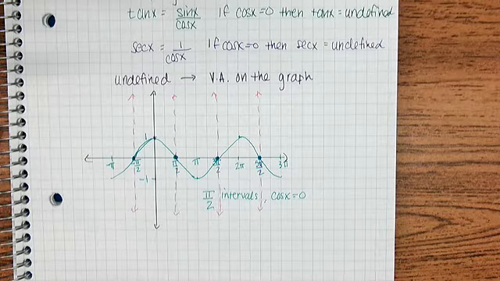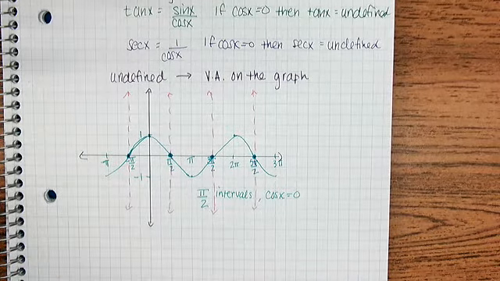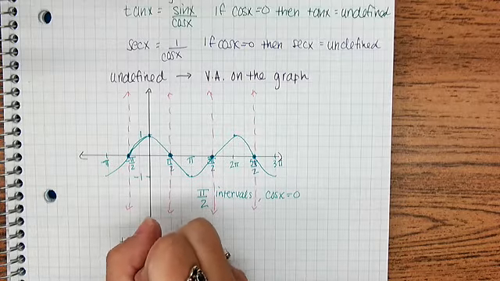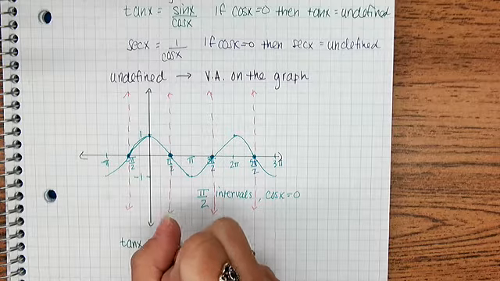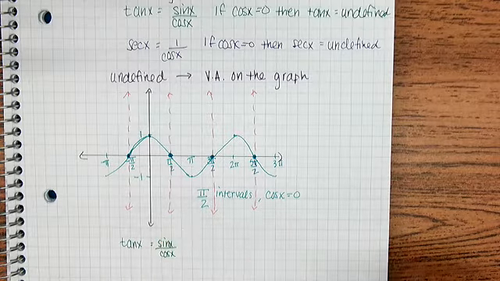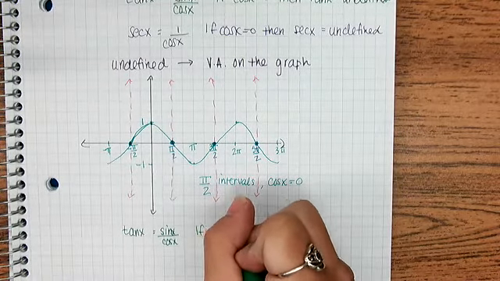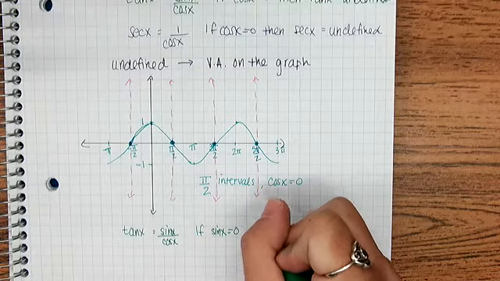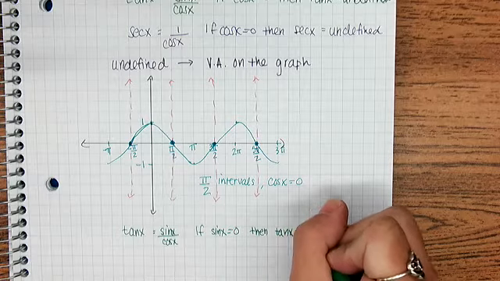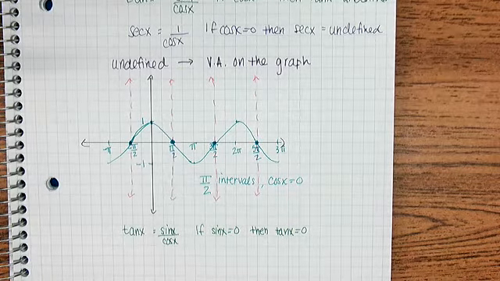Let's look at tangent, and then we'll go back and look at secant. Okay, so tangent. If sine is 0, then the tangent is 0.